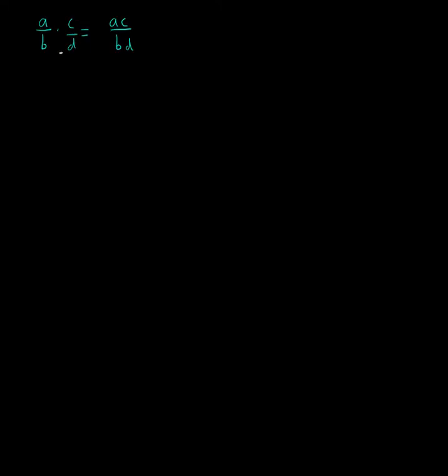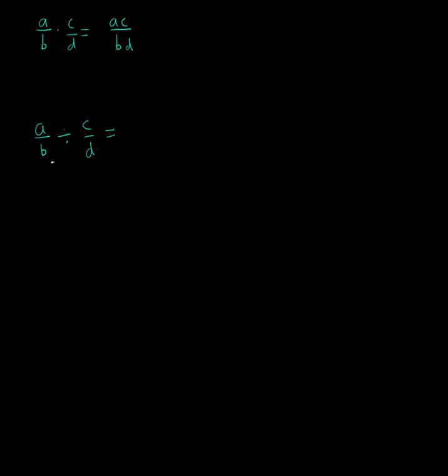Okay, so with that being said, the division is very much the same kind of idea. We would have a over b divided by c over d. And what would that be equal to?